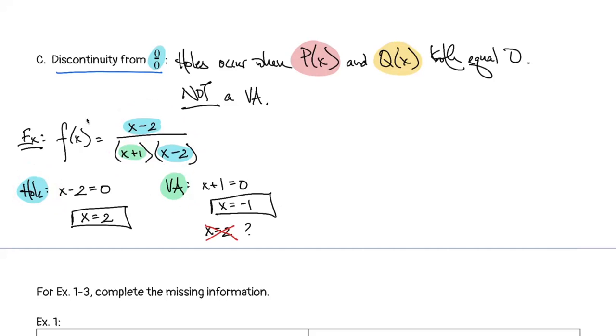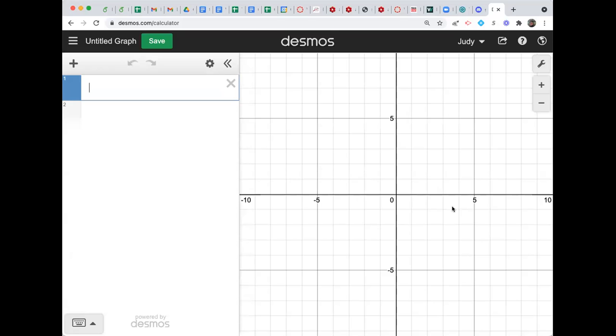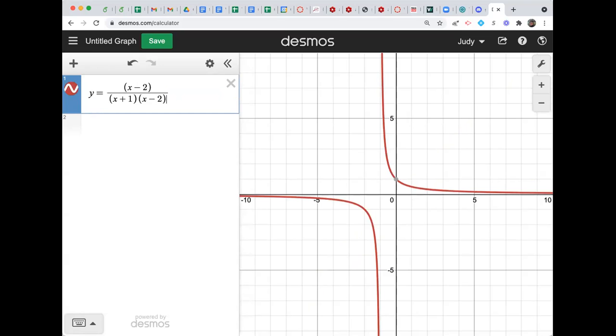So while I'm switching my screens, if you have Desmos, you can go to desmos.com calculator, and you can type in this function, f of x equals x minus 2 over x plus 1 times x minus 2. And I'm going to stop sharing here and then start sharing my other screen. And let's see what we get. All right, so we've got y equals x minus 2 divided by x plus 1 times x minus 2. So we should be getting a picture that kind of looks like this, yeah?